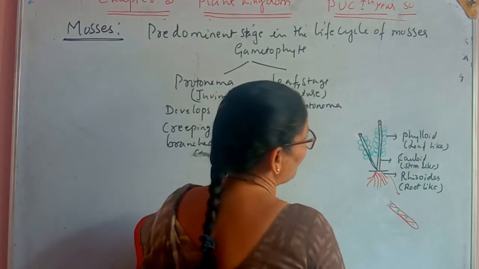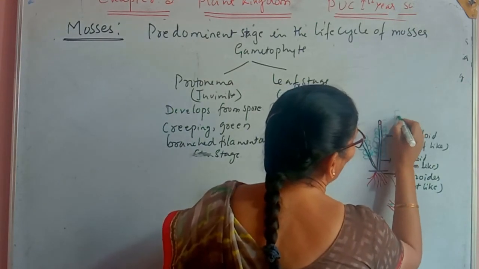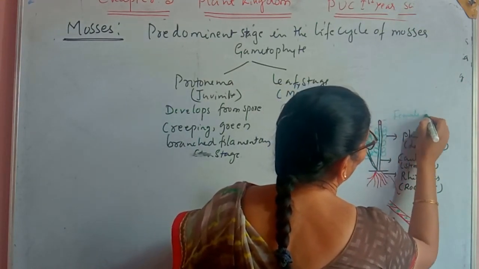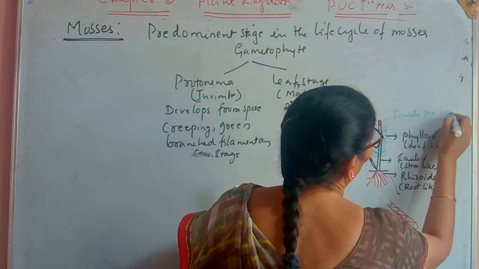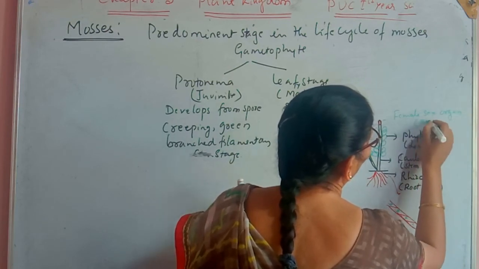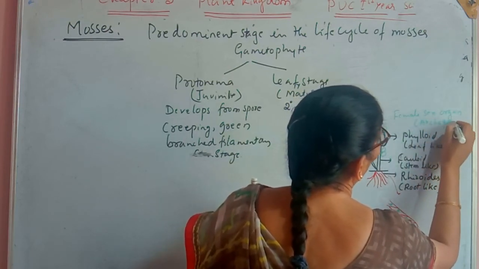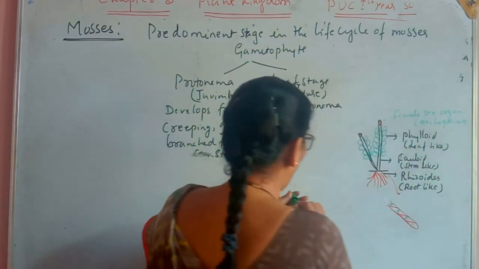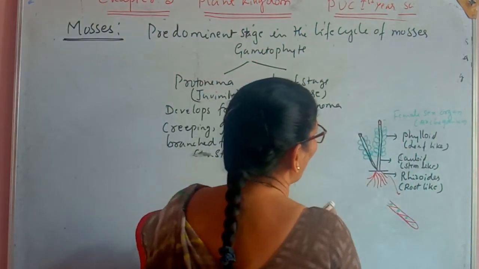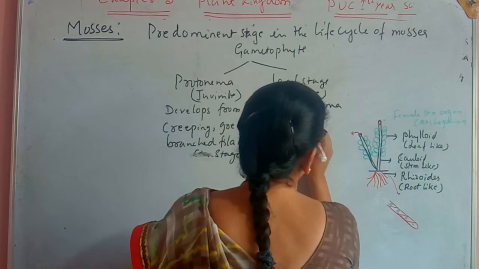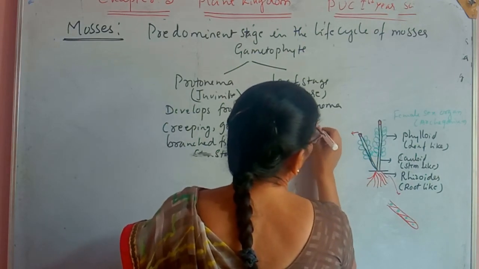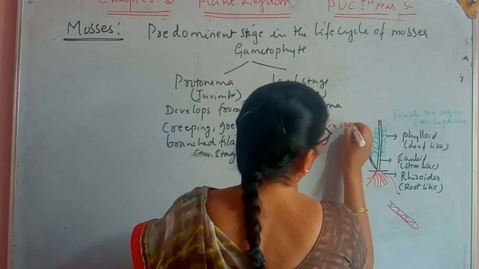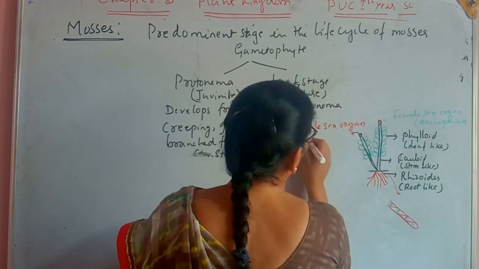Usually the erect branch will have the female sex organ, which we call the archegonia. And the other branch has the male sex organ, which we call the antheridium.